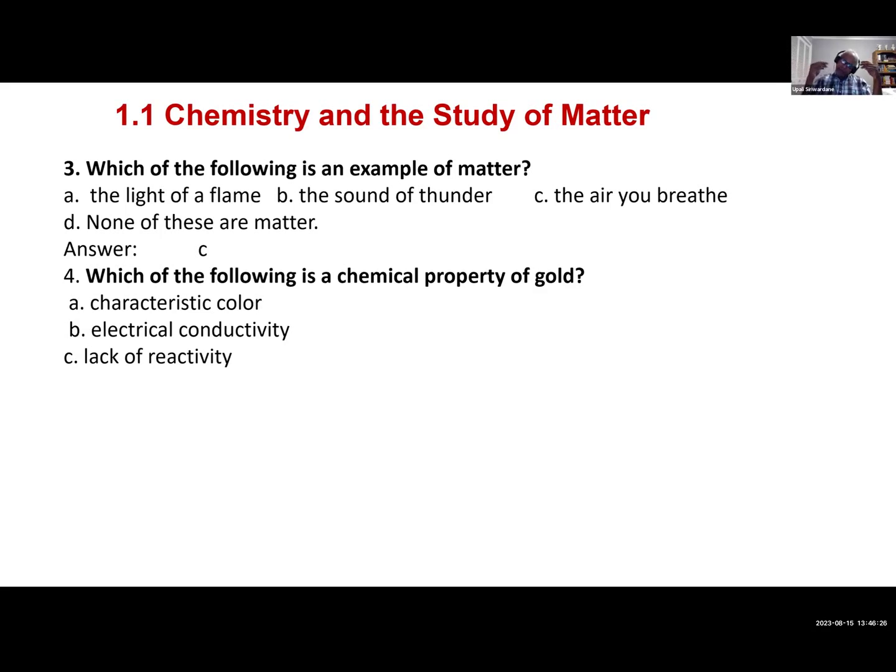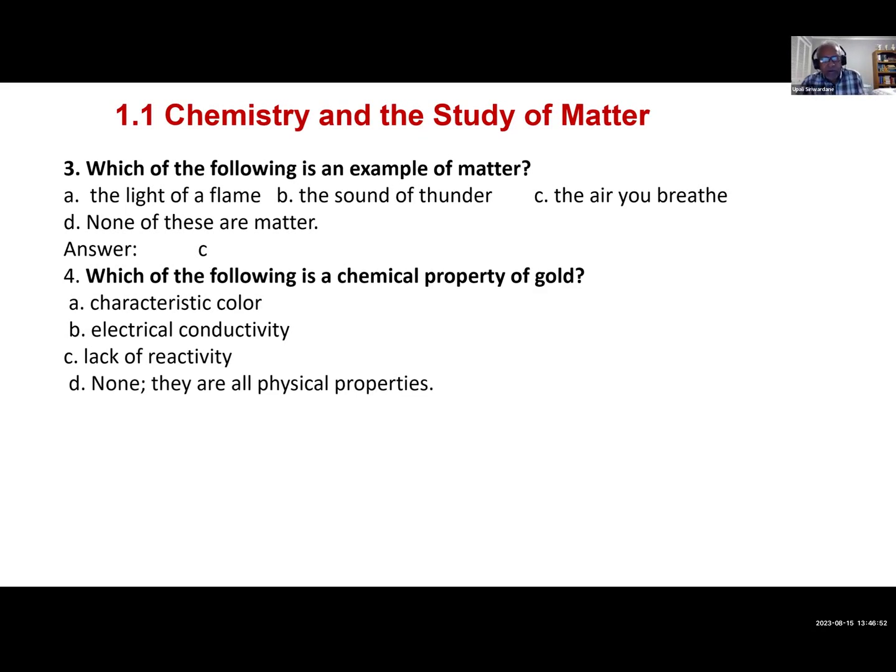Gold is inert. It doesn't react. That itself is a chemical property. Okay. Some, like sodium, react with water. So that's highly reactive. Okay. Reactivity is associated with chemical property.